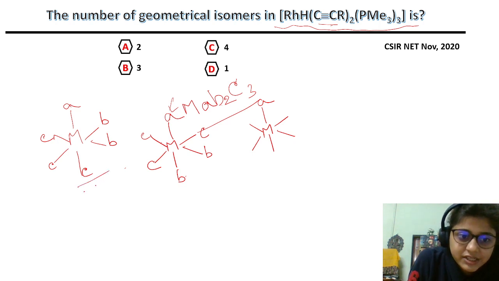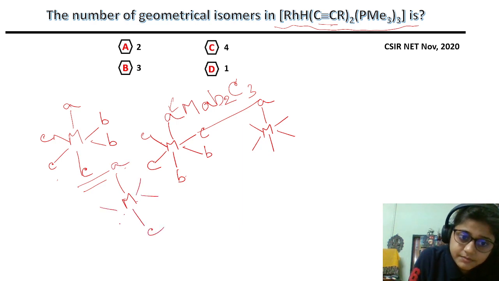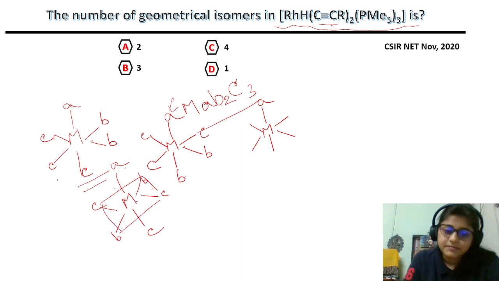Now within this structure, I have to find a different way. A C are trans, but B B are cis, C C are cis. We can take this, right, as trans. Let's try. B B C C, all trans. Okay, hope you understood.